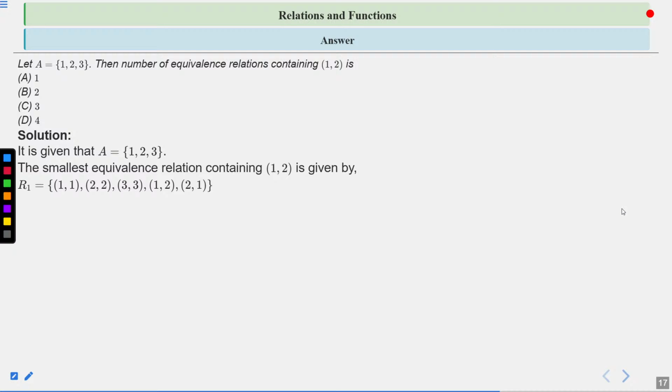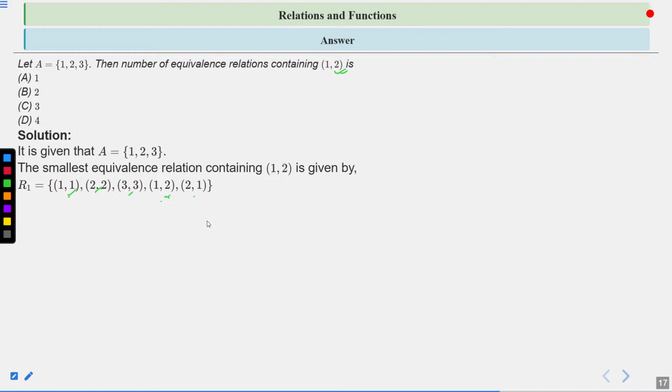So suppose we make a relation R1, the smallest relation: (1,1), (2,2), (3,3). Now (1,2) must be present, so (2,1) should always be present. You can see that the relation {(1,1), (2,2), (3,3), (1,2), (2,1)} is reflexive, because (1,1), (2,2), (3,3) are there. Is it symmetric? Yes, if (1,2) is there, then (2,1) is there.